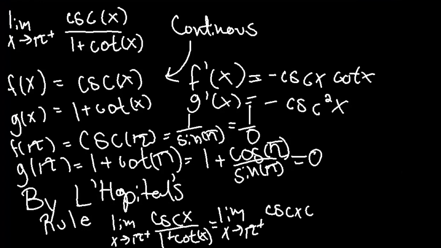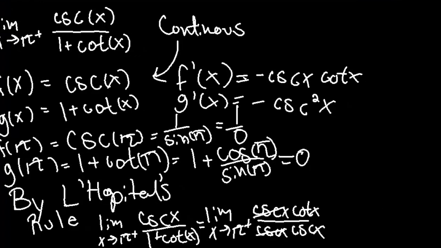cosecant of x times cotangent of x, right? And here we see cosecant squared, which is essentially the same thing as cosecant x times cosecant of x. We can see that these can cancel, and we're left with cotangent of x over cosecant, right? And we can also rewrite that differently.